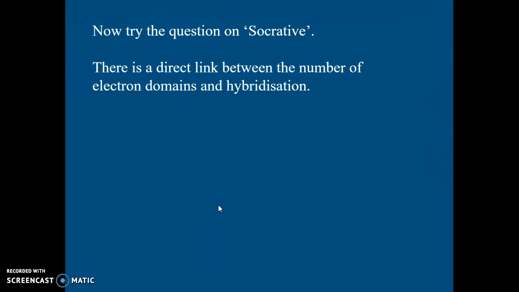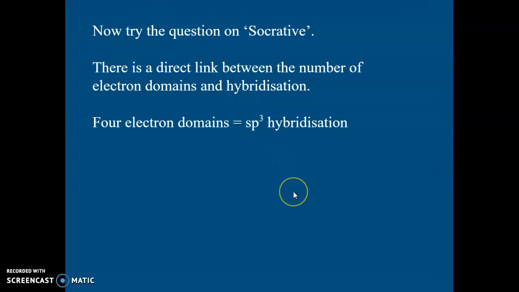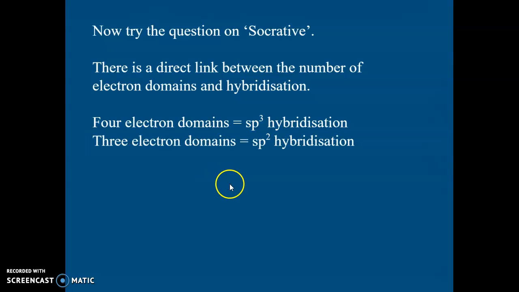But there is a key idea here, that there's a direct link between the number of electron domains and hybridization. If you've got 4 electron domains, whether they're bond pairs or lone pairs, then you've always got sp3 hybridization. And this is the sort of question they'll ask. What type of hybridization would you find in ... 3 electron domains, sp2 hybridization.